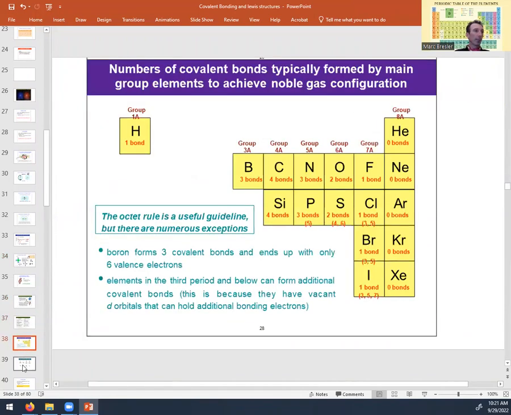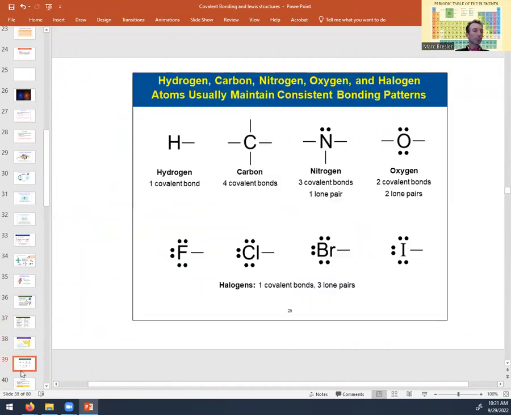Carbon dioxide might be another example of covalent bonding in Lewis structures. Here you can see the 4 covalent bonds on carbon that make the carbon happy with its octet. Nitrogen tends to form 3 covalent bonds and have 1 lone pair: 2, 4, 6, 8.